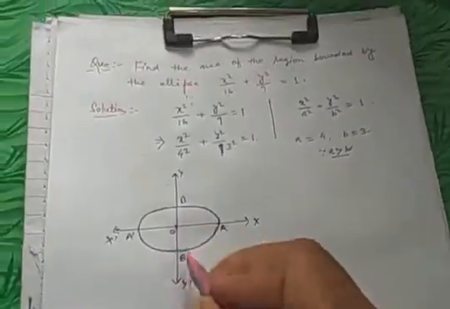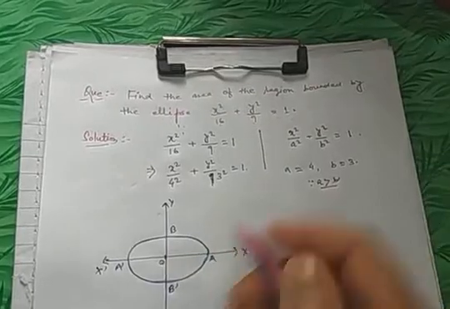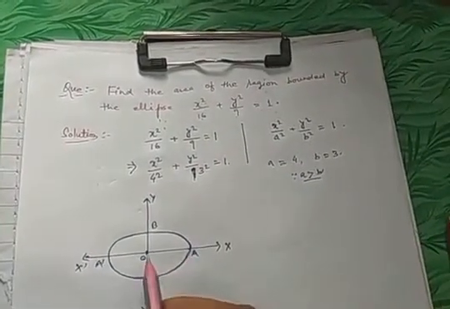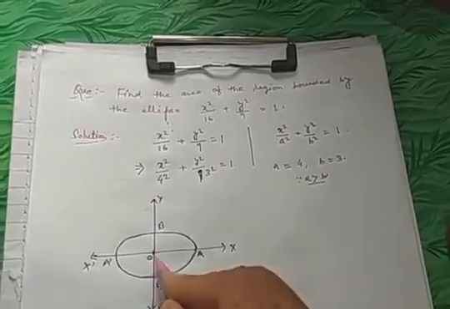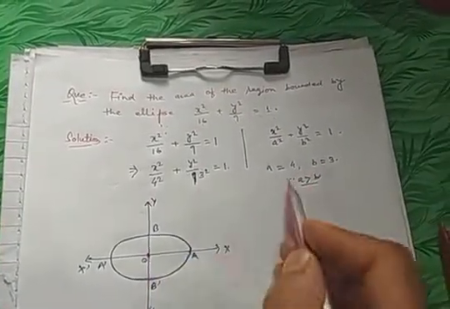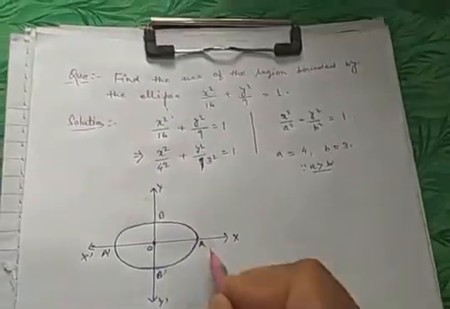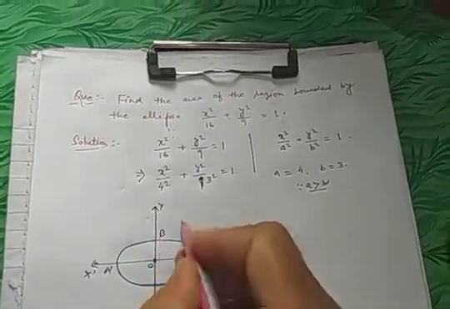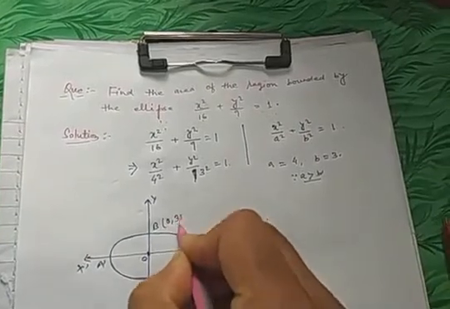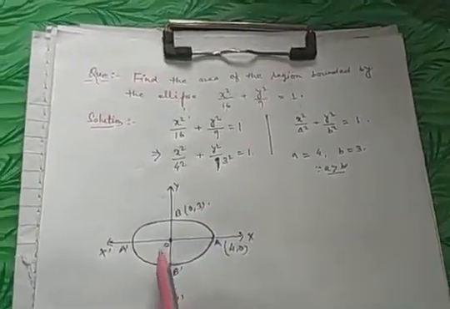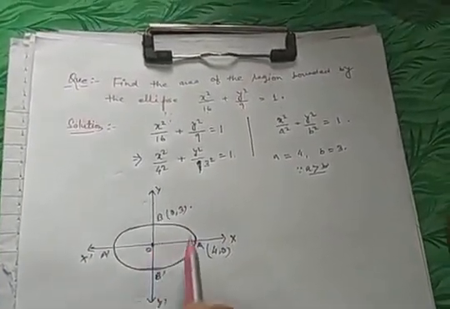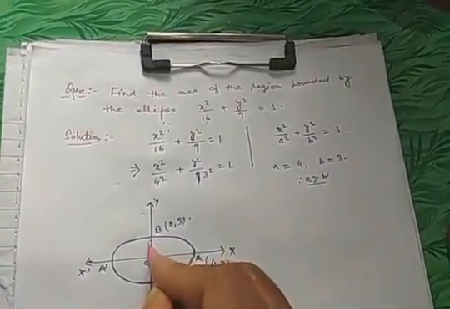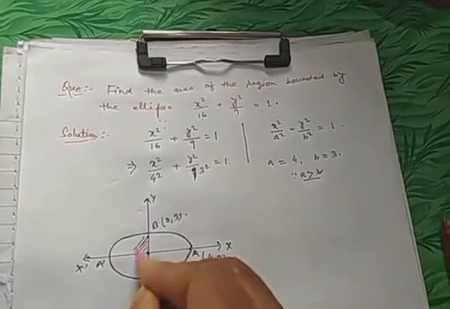Here the length of the vertex from the origin, or center, is 4. So the coordinate of A is 4, 0 and the coordinate of B is 0, 3. Here we have to find the area of the ellipse, that is, the area of this shaded region.